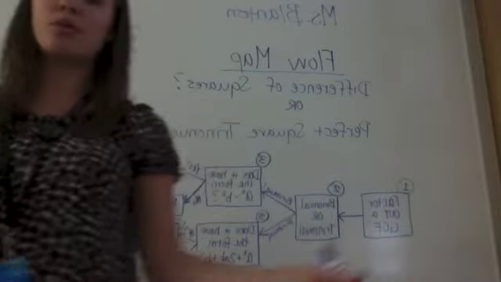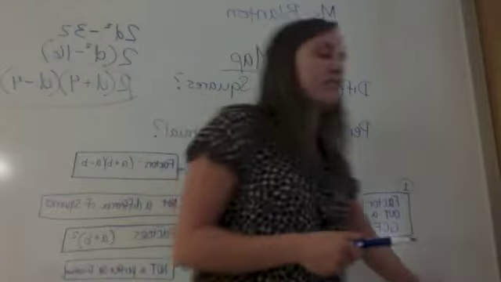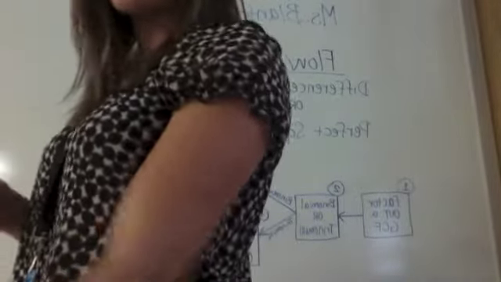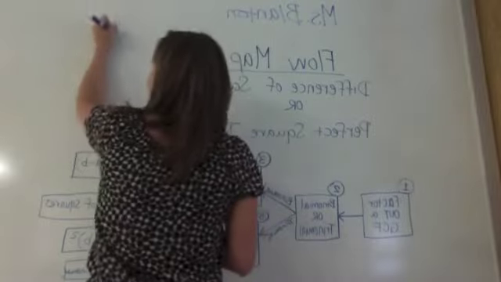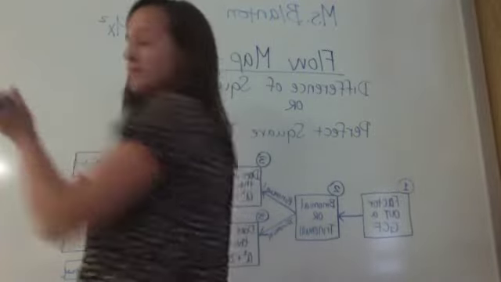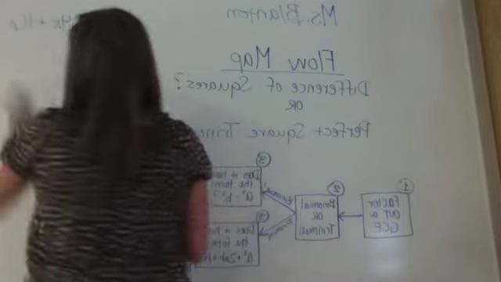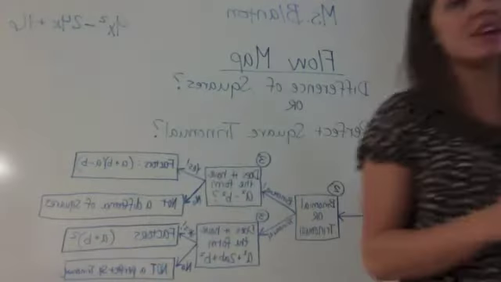Say we did an example where we had, if you'll go to number 5 on your worksheet, 9x squared minus 24x plus 16. Okay, do we have a GCF?